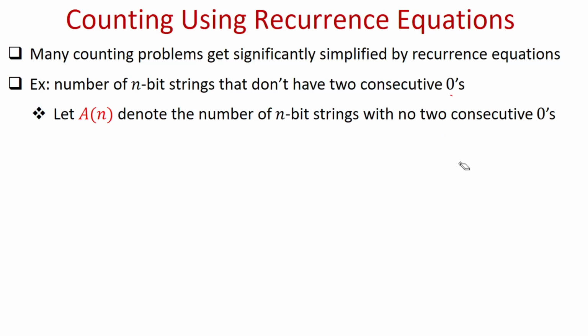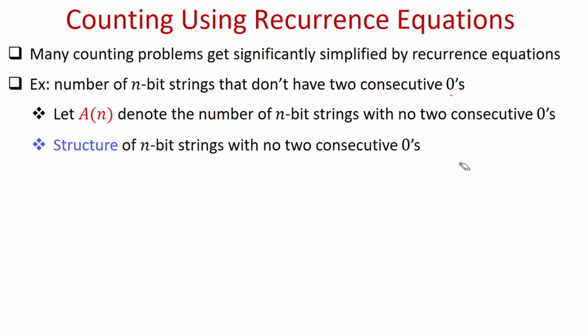Now we want to find out what the a of n function will look like, or what will be the output of the function a on input n. And I want to set up a recurrence equation for that. That means I would like to express the value a of n in terms of the output of the function on smaller inputs. For that, here is what we see.